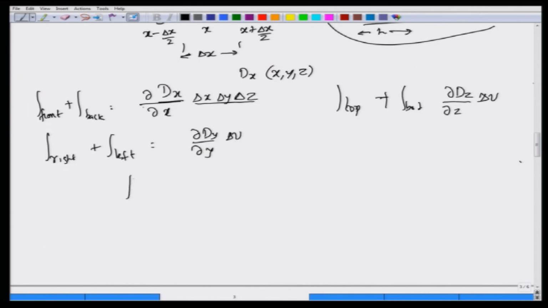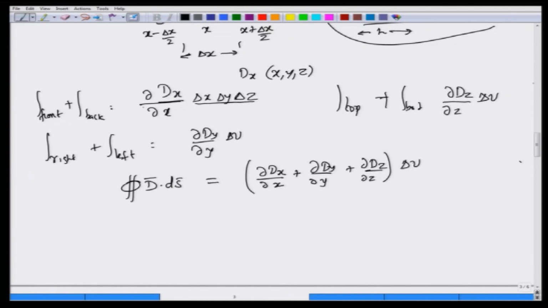In fact, this is the result of applying the left hand side of Gauss's law to the rectangular differential volume element that we have considered, and this will be equal to del Dx by del x plus del Dy by del y plus del Dz by del z multiplied by the volume element delta v.